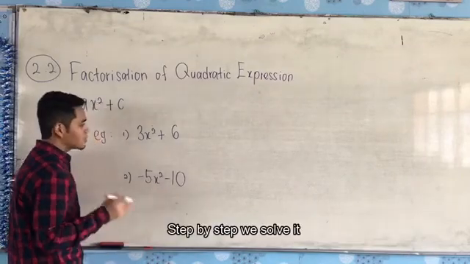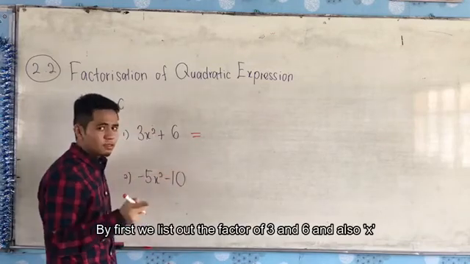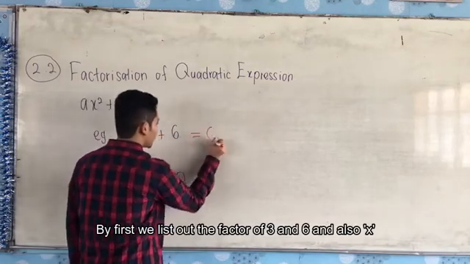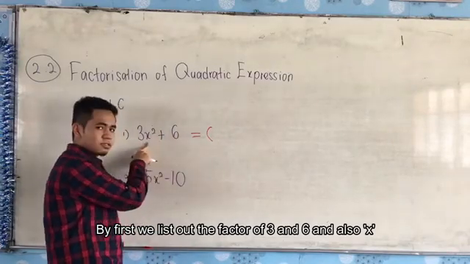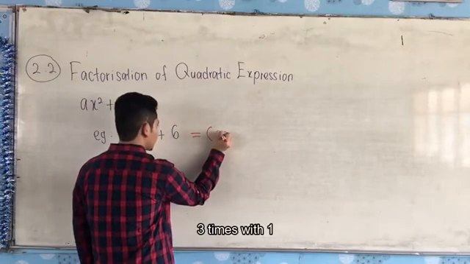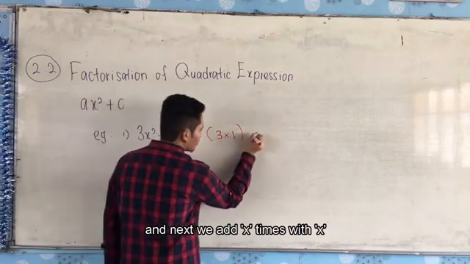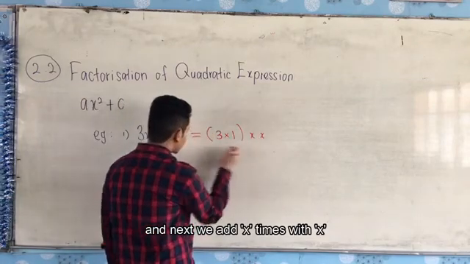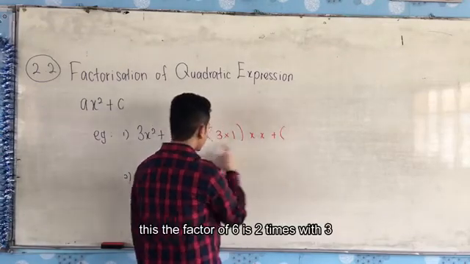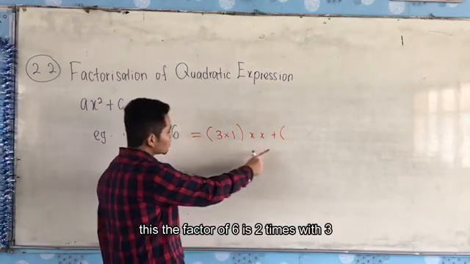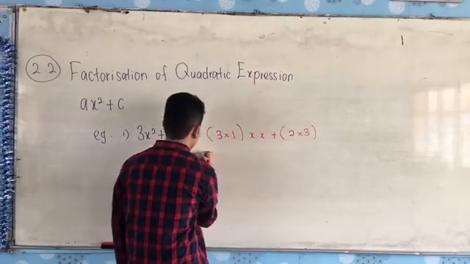So step by step, we solve it by first listing out the factors of 3 and 6 and also x. 3 times 1 and x, we get x times x, and plus 6. The factors of 6 are 2 times 3.